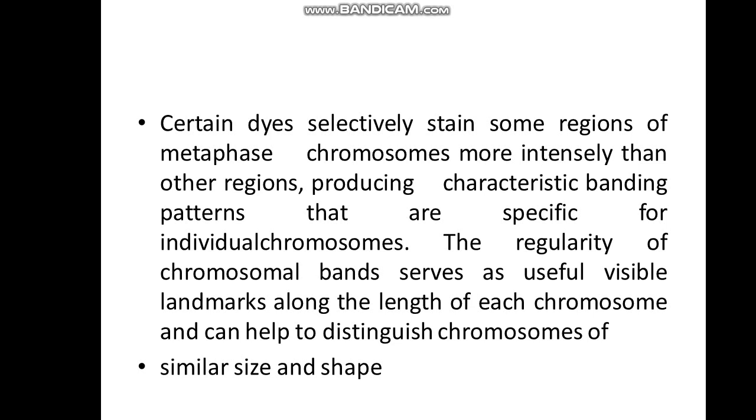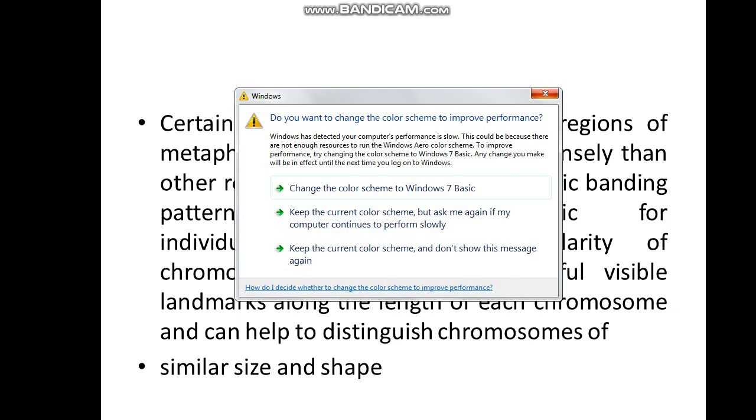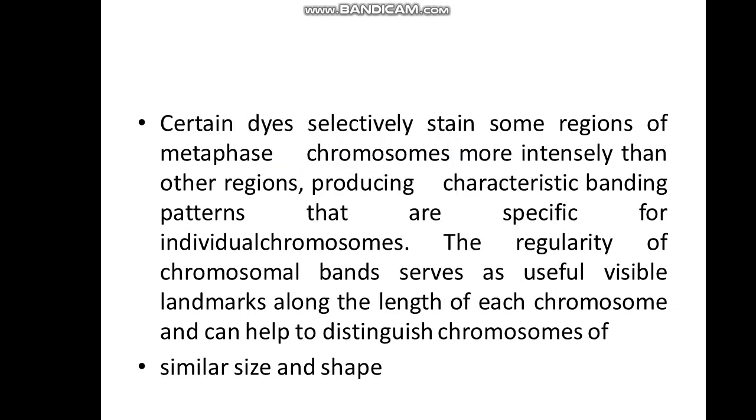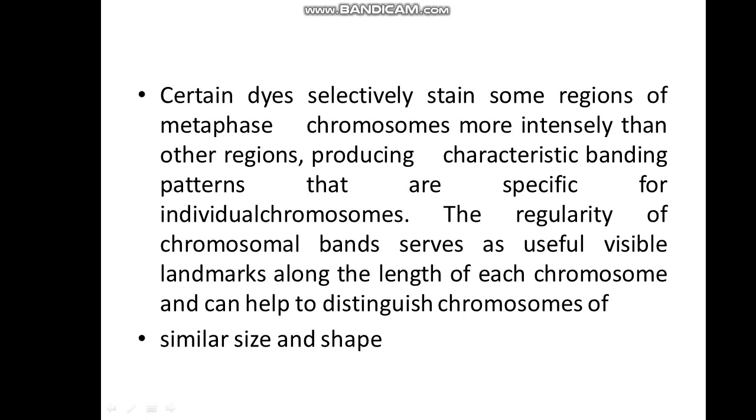In the metaphase stage, certain dyes are added, and those dyes selectively stain some regions of the metaphase chromosome more intensively than other regions, thereby producing characteristic banding patterns. And those banding patterns are specific for individual chromosomes.